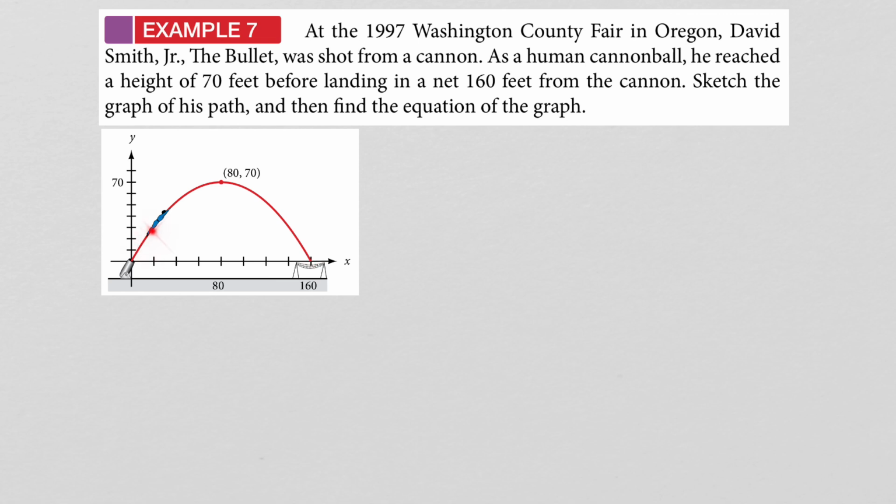Now, we know from symmetry, since this is a parabola, that halfway, which is at 80 feet, is where he reaches his maximum height. So basically, we know the vertex of this parabola must be the point (80, 70). So now we want to come up with an equation for this graph.